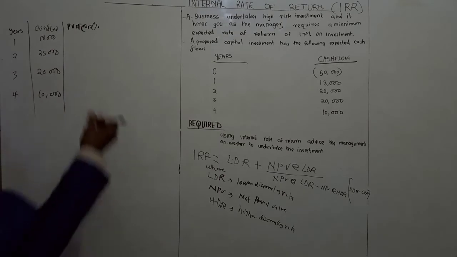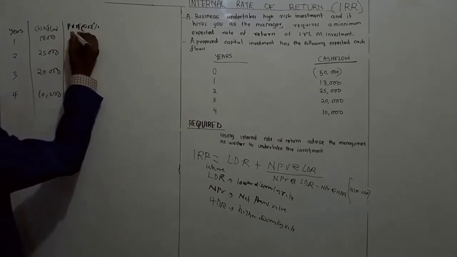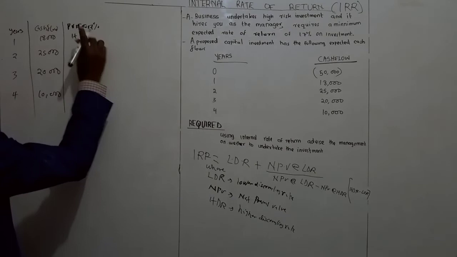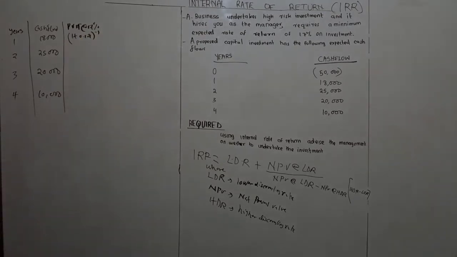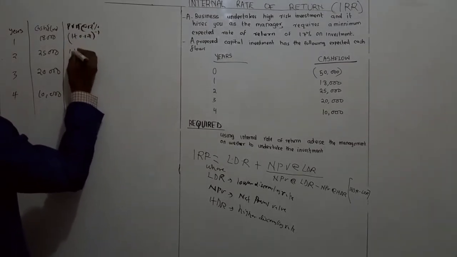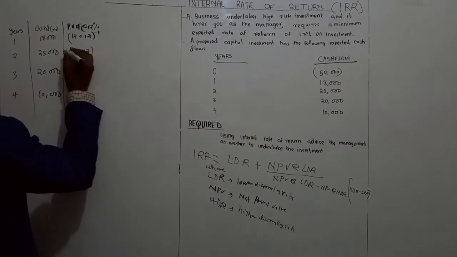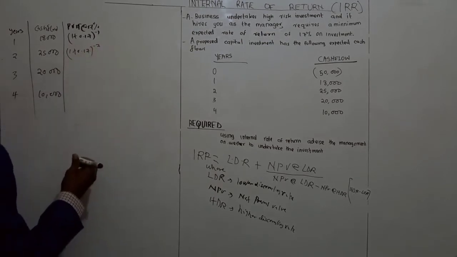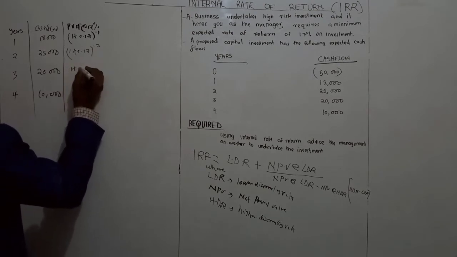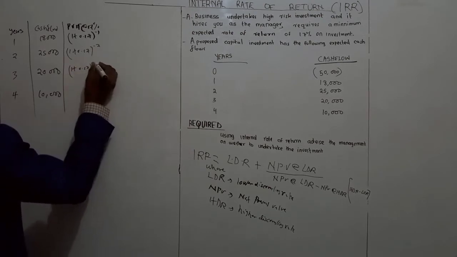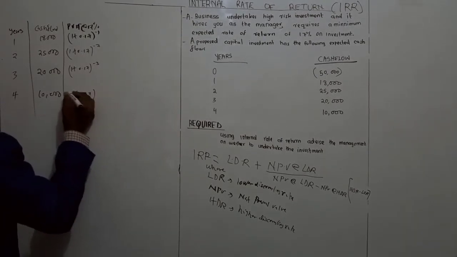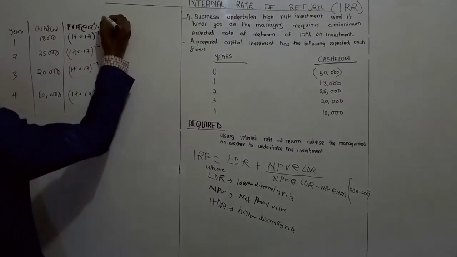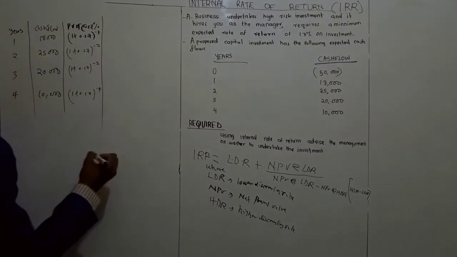The rate is 17%, so we take 1 plus 0.17, then raise to -1. That gives us the interest factor for year 1. For year 2, 1 plus 0.17 raised to -2. For year 3, raised to -3. For year 4, raised to -4. That gives us the present value interest factor at 17%.